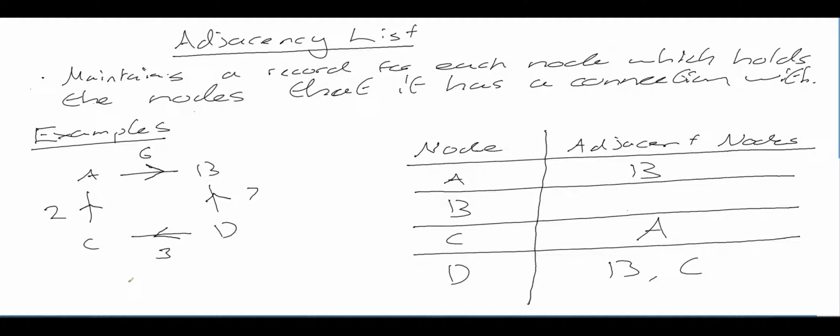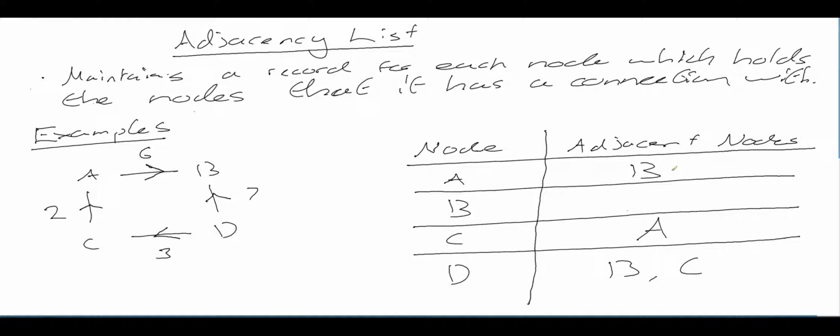Okay, so now I've added some weights to my directed graph, and the way we represent this in the adjacency list is by writing the nodes as key value pairs. If you've studied dictionaries before, you may well be familiar with what a key value pair looks like.